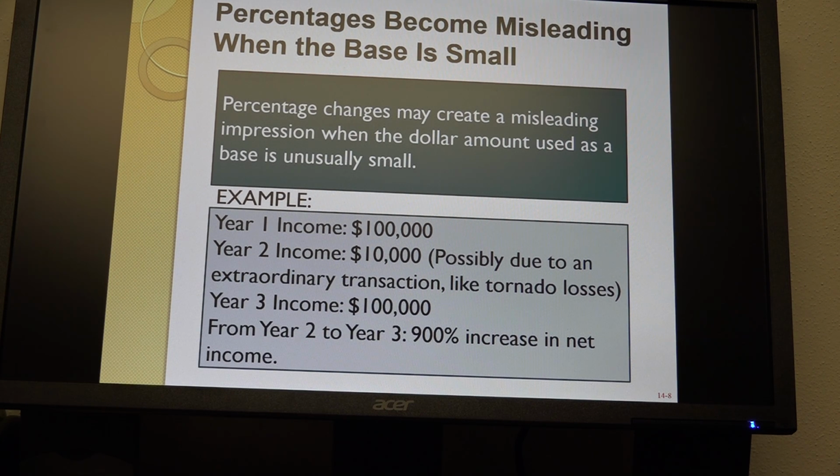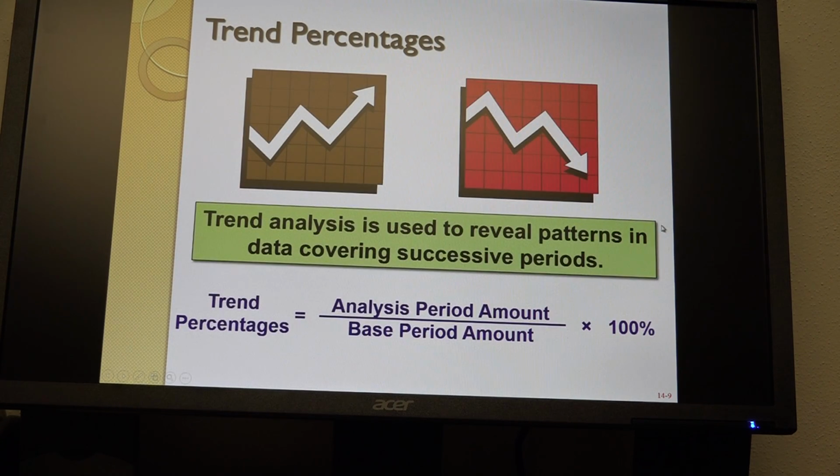That's a 900% increase over year 2. Obviously, it's no increase over year 1. So you'd have to do some digging to find out what happened in year 2, because from a percentage standpoint, and certainly a number standpoint, that's a pretty wild swing there. Something must have gone on, and so they're suggesting maybe there was an extraordinary transaction like a tornado loss.